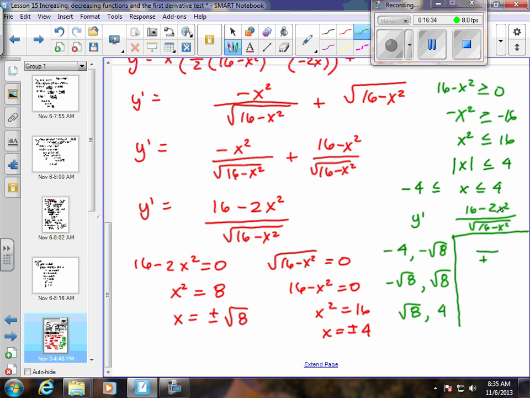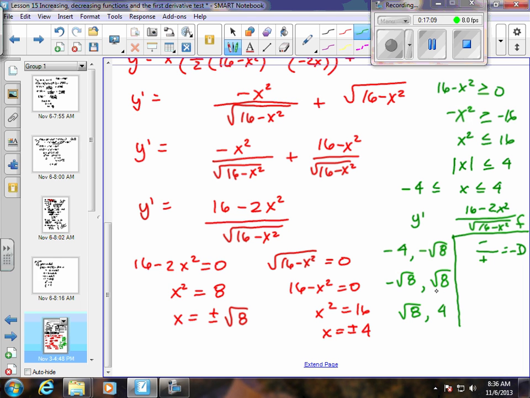Okay, so if I put -3 in, 16 minus 2 times -3 squared, do I get a positive number or a negative number? Negative. So if I'm dividing a negative by a positive, that means it's negative, which means f is decreasing. If the derivative is negative, the function is decreasing.